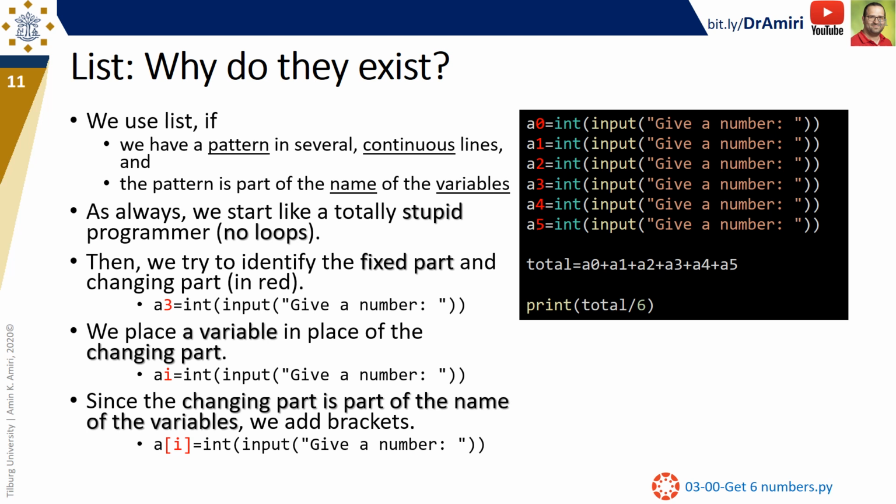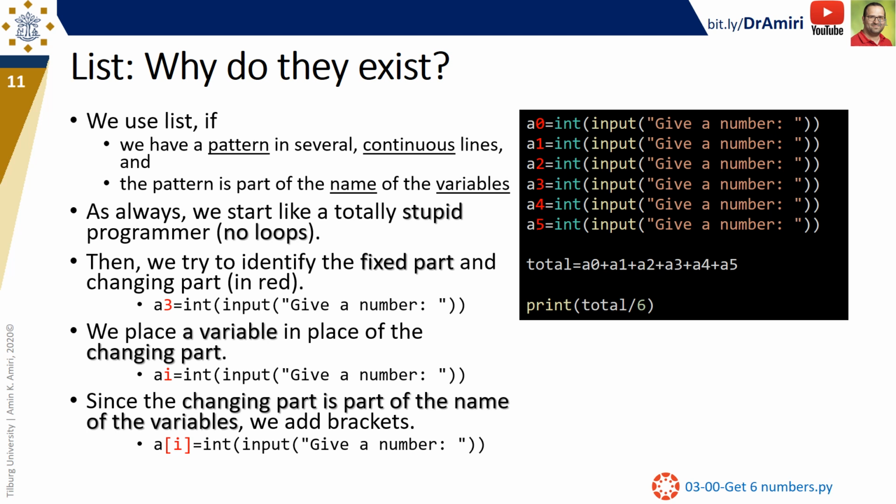So why do lists exist at all? We use lists if we have a pattern in several continuous lines, and this is the important part, and the pattern is part of the name of the variables. So as always, we will start like a totally stupid programmer, without loops. So we write the code.